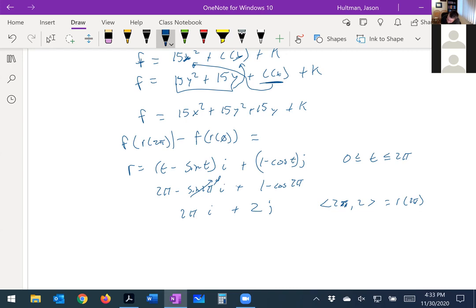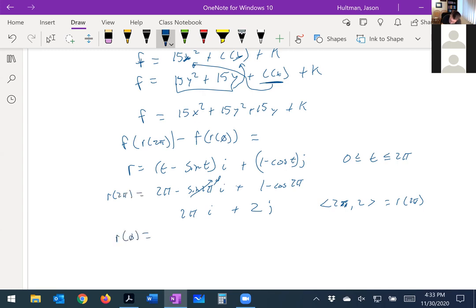Then what's r of 0? Well, that's just 0. Sine of 0 is 0. Cosine of 0 is 1, so the whole thing goes to 0. R of 2 pi is equal to this.